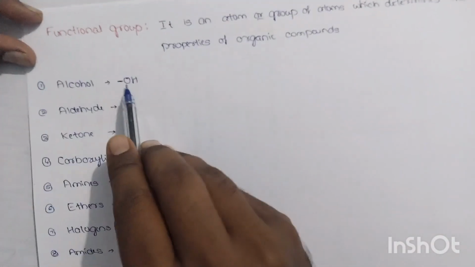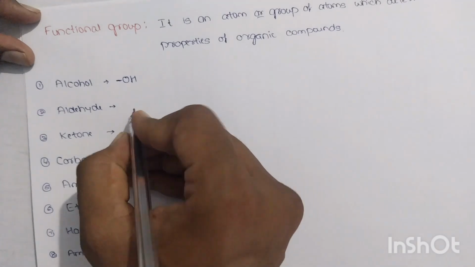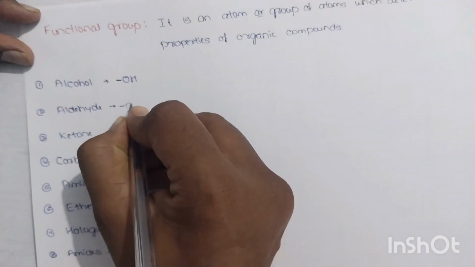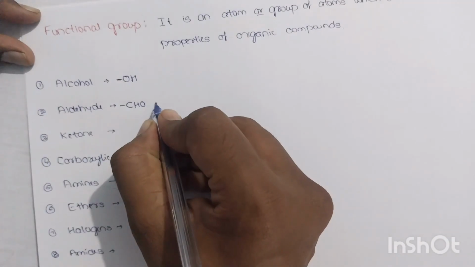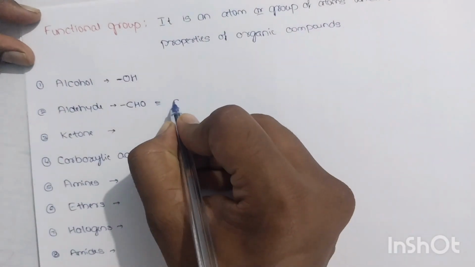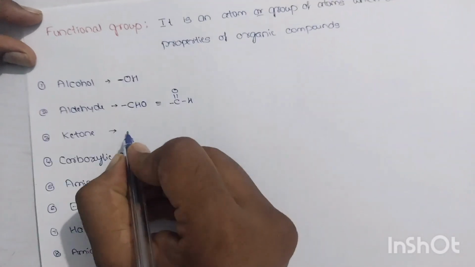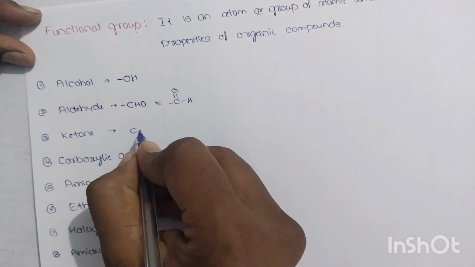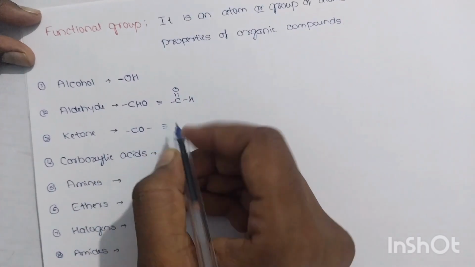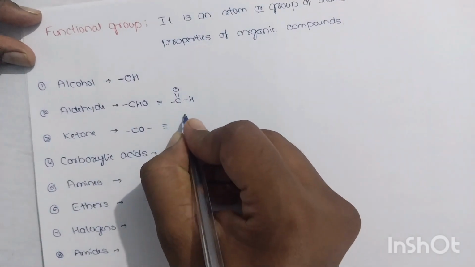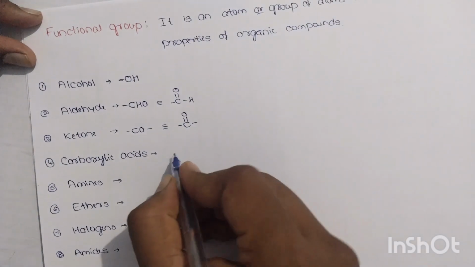OH is the functional group of alcohol, and CHO is the functional group of aldehyde. CO, C double bond O, is the functional group of ketone.